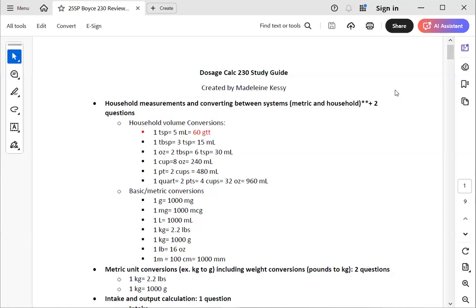And then there's some heparin questions, but it's nothing that you haven't sort of solved already before. But we'll talk about some of those things.